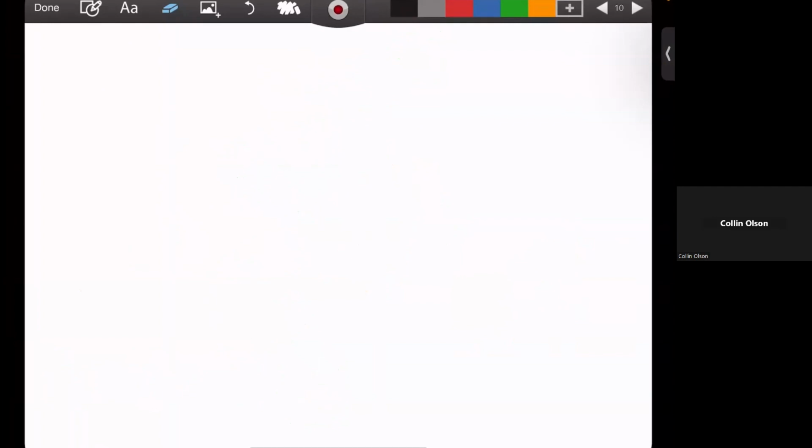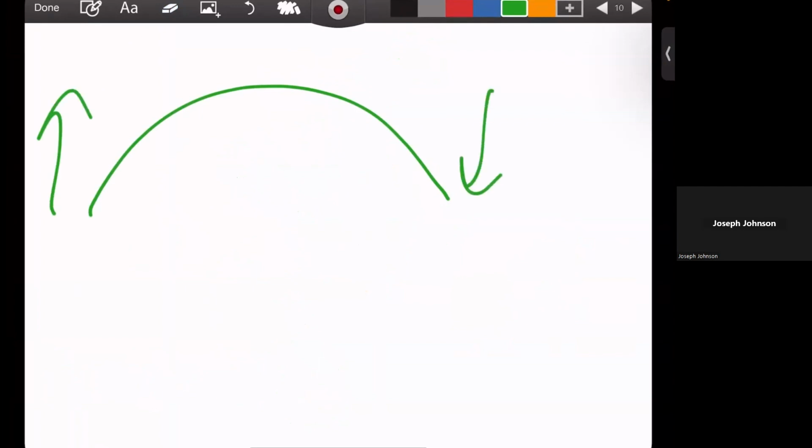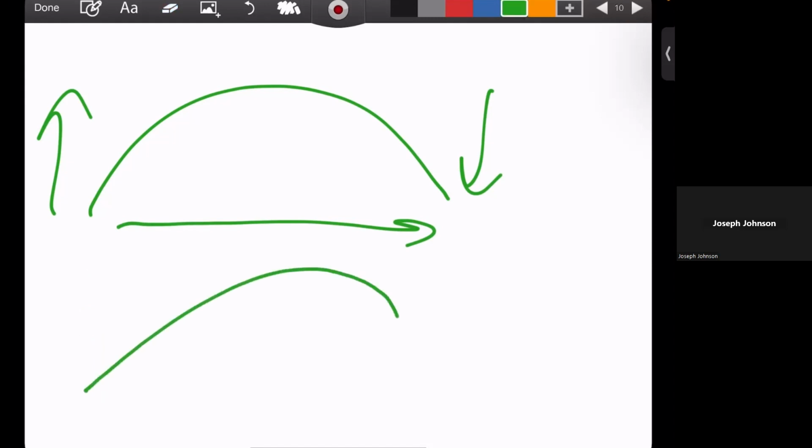So it makes this parabolic shape because in the Y direction, it goes up and comes back down, just following the same as if I just threw it straight up. And in the X direction, it's just moving straight out, and there's no acceleration in the X direction because we're ignoring air resistance. If we didn't ignore air resistance and the thing was moving fast enough and far enough, there would be a deceleration, a negative acceleration in the X, and the parabola would look like this.